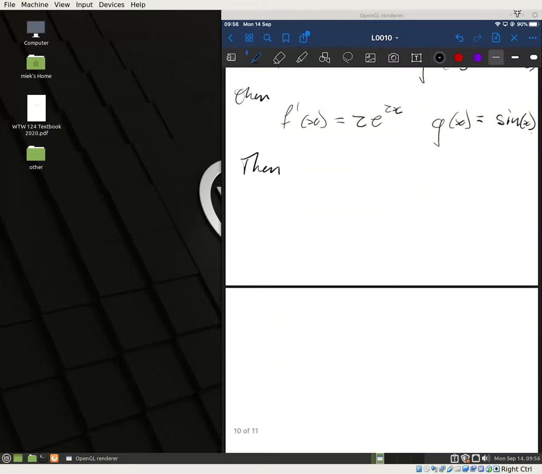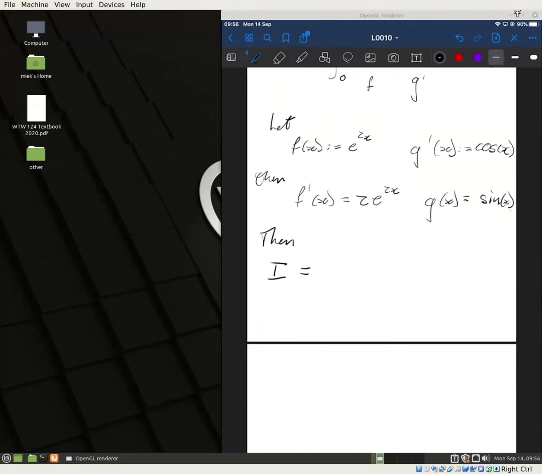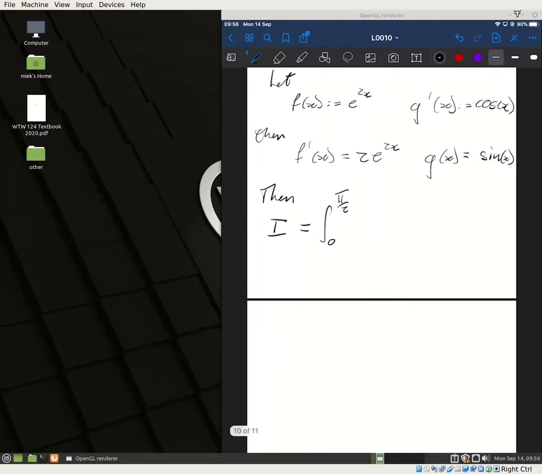Okay, then using integration by parts, we see that our integral I is equal to the integral from 0 to pi over 2 of f of x, g prime of x dx.